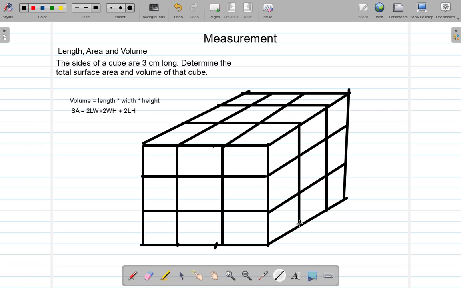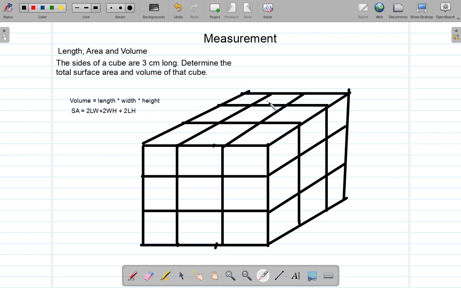Good. So what we have is a height of 1, 2, 3 centimeters, a width of 1, 2, 3 centimeters, and a length of 1, 2, 3 centimeters.